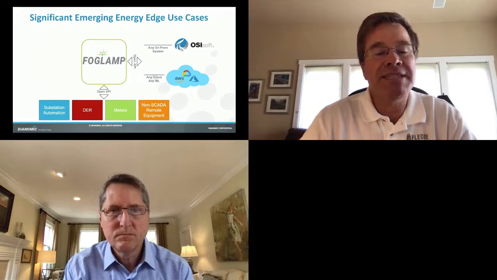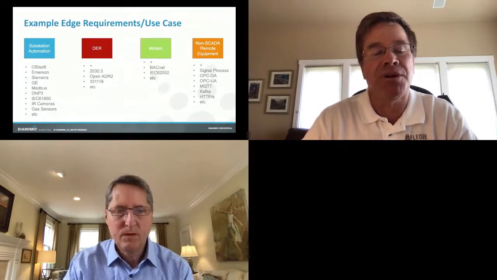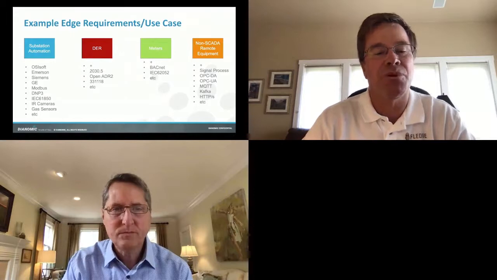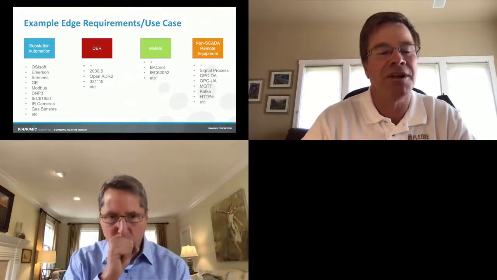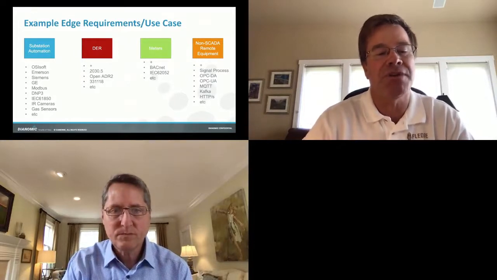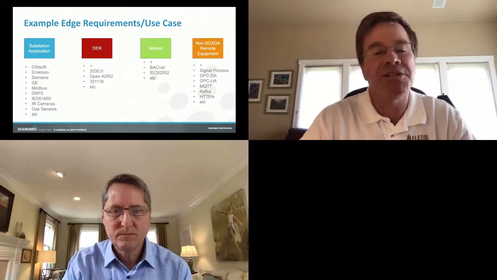And to give you a sampling of what an open source technology needs to support to solve these use cases in energy, just in substations, for instance, you need to support the protocols of OSIsoft, Emerson, Siemens. You can go ahead and click through this slide. GE, and then you have the standard industrial protocols you think of, like Modbus or DNP3. And if you can click, Tom, there we go.